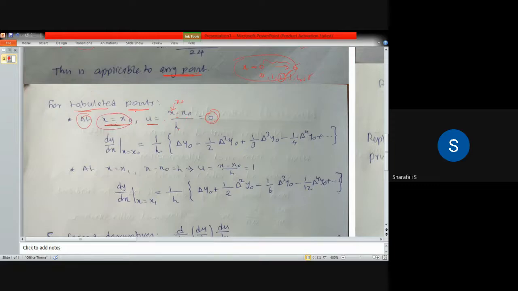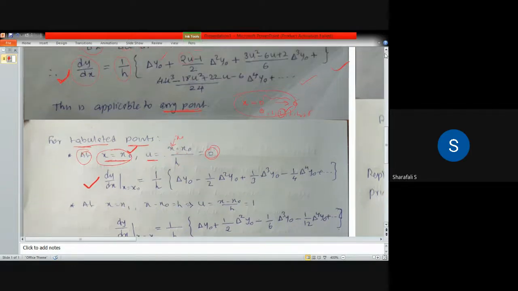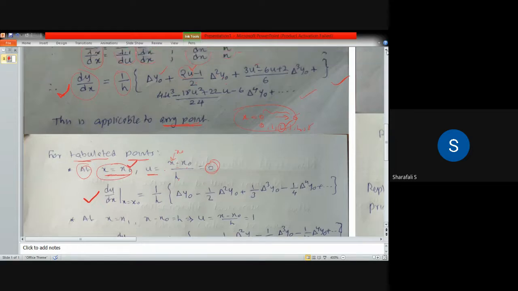This is nothing but the first point in your x values. At that point, if you want to find dy by dx, you can use this equation, and it is going to become simple. The u terms will become 0. This term will become 0, and this term will become 0.